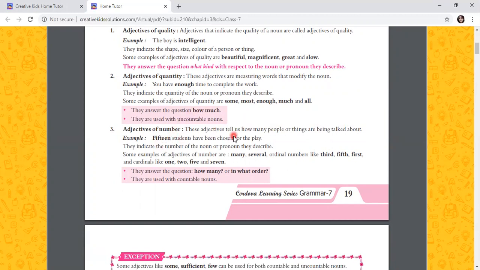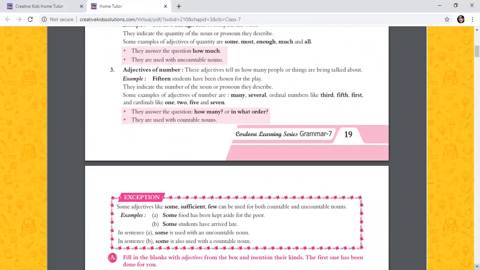Adjective of number. An adjective of number tells us how many people or things are being talked about. Example, 15 students have been chosen for the play. Here, 15 is the adjective of number.